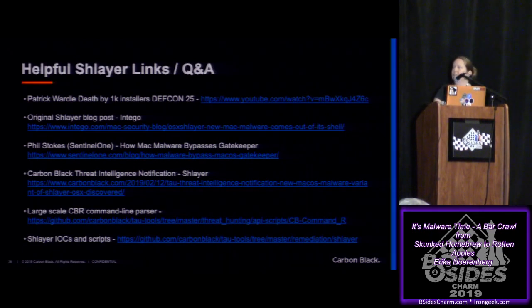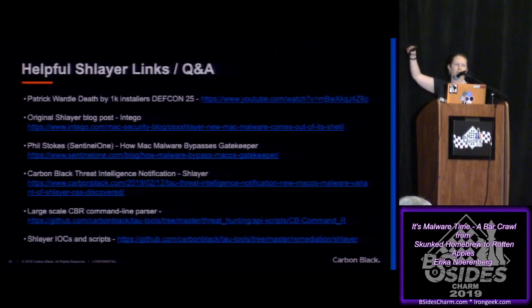We have our threat intelligence notification, just a very short overview of what the malware is. If you're a Carbon Black user and want more product-specific information, our user exchange has more than the public blog post.